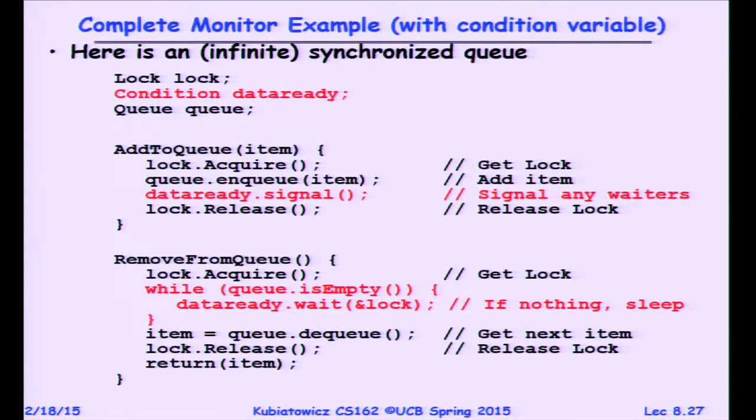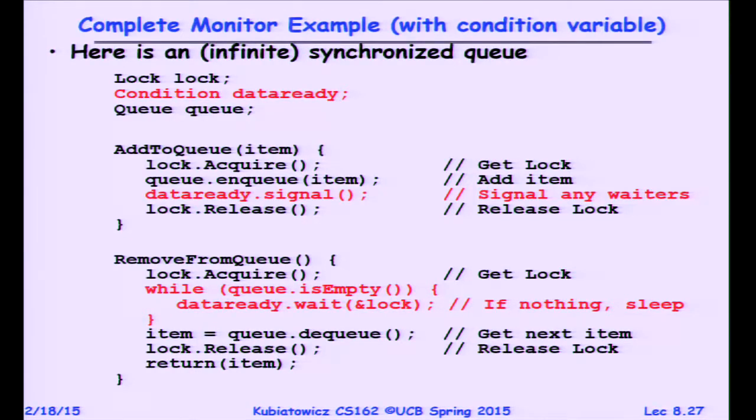And notice that what happens here is that add to queue acquires the lock and queues the item and then says signal and then releases. Okay, so notice that what's different here now is I'm saying that if anybody's sleeping, waiting for an incoming queue item, wake them up. That's what signal means.